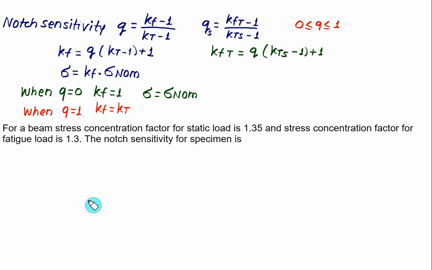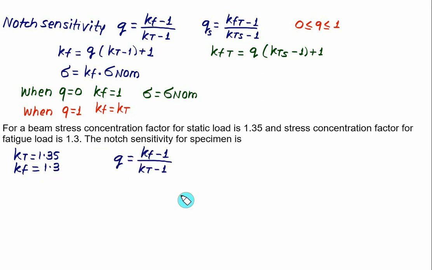One simple numerical we will take based on the notch sensitivity. For a beam, the stress concentration factor for static load is equal to 1.35. That is, the value of Kt is given as 1.35, and the stress concentration factor for fatigue load, represented by Kf, is given as 1.3, and we need to find the notch sensitivity.